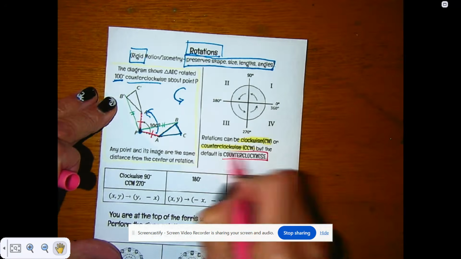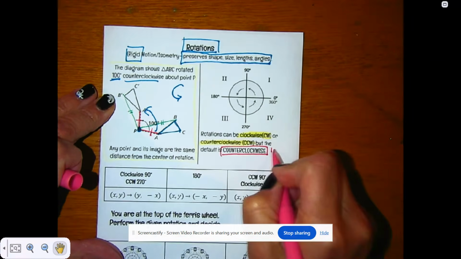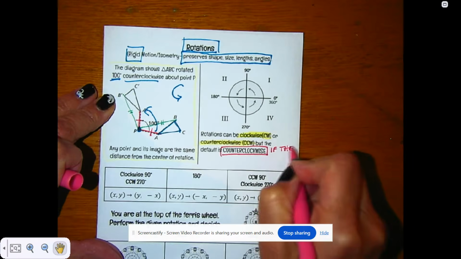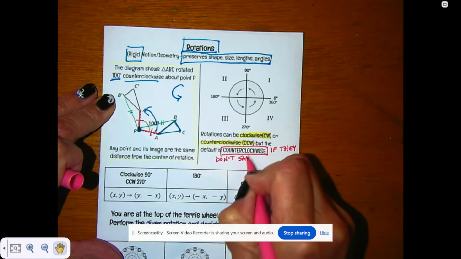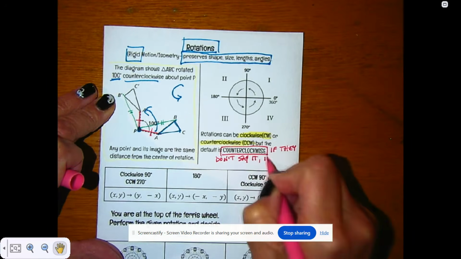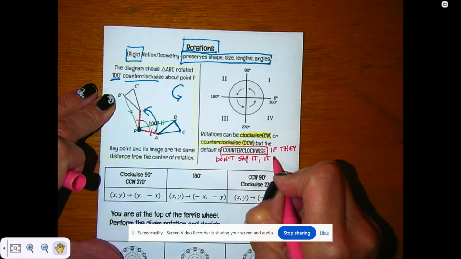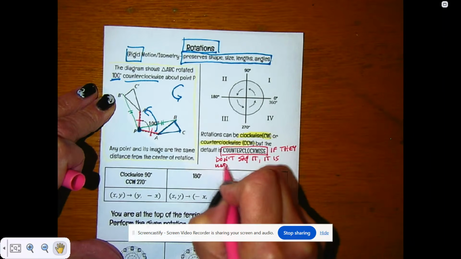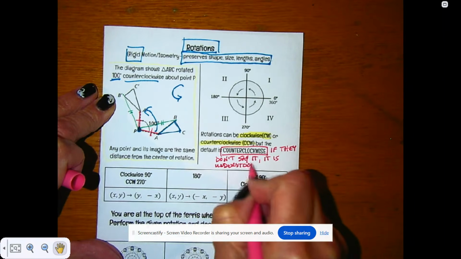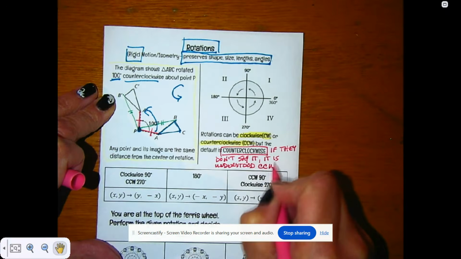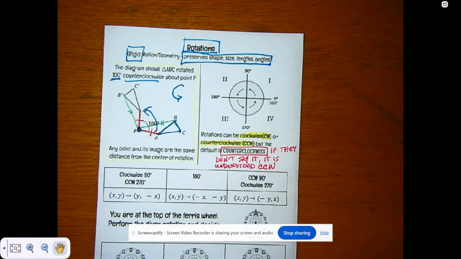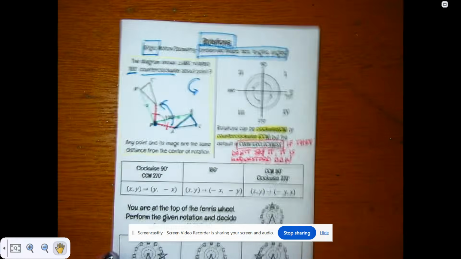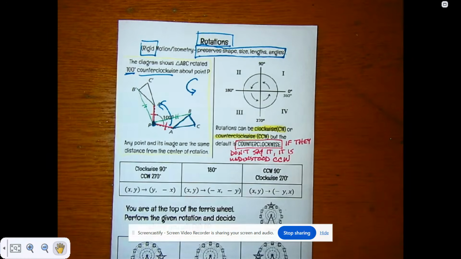This means that if they don't say it, it is understood to be counterclockwise. So if I just say a rotation of 90 degrees and I don't tell you which way, then you're going to go counterclockwise.